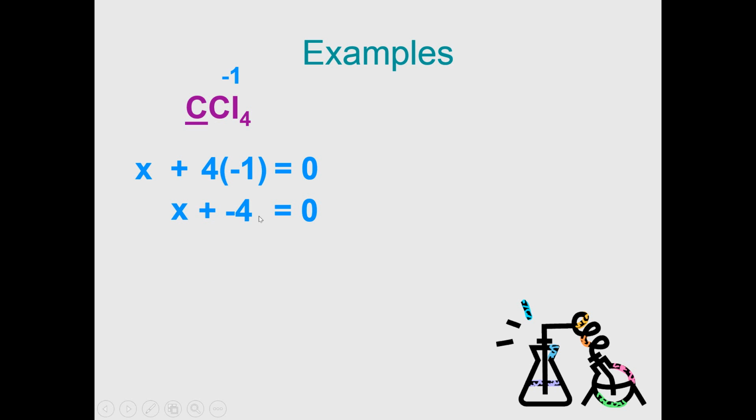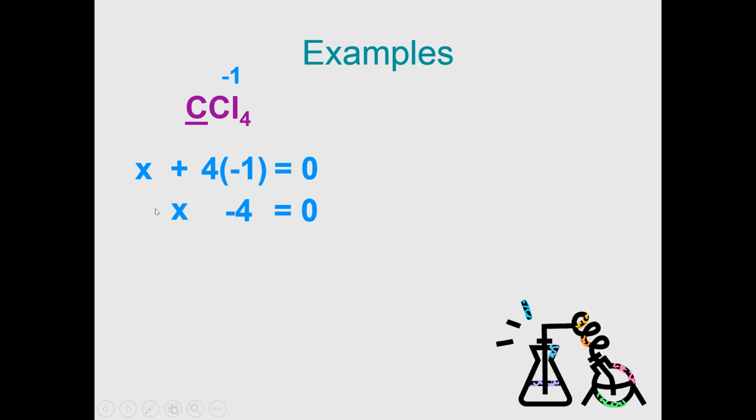I'm going to bring down the equals 0. And what I know from algebra is that whenever I'm adding a negative number, it's really like I'm just subtracting. So really this just tells me x minus 4. So I'm going to get rid of that plus sign there to simplify things.